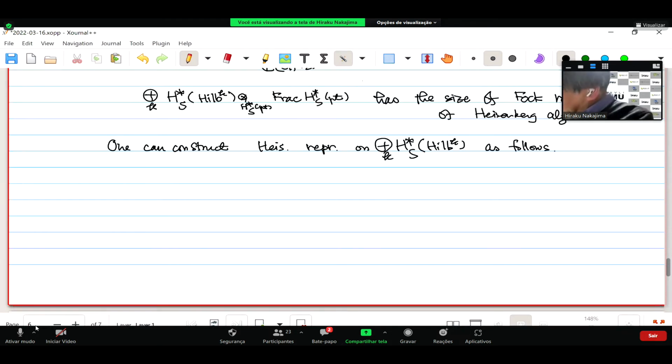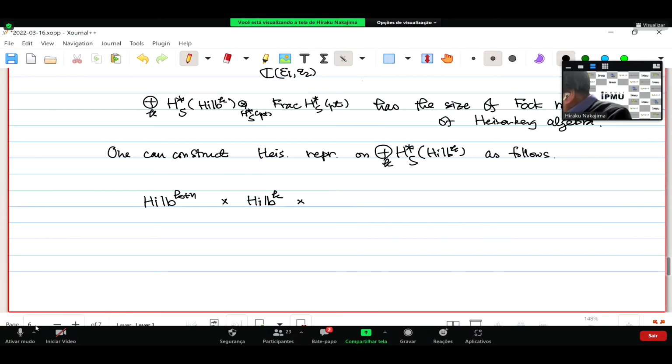So this construction is geometric. You consider the following diagram. I consider the Hilbert scheme of k plus n points, the product of the Hilbert scheme of k points and some extra piece, which is C^2. Then I consider the following subset, which I denote by P_n.